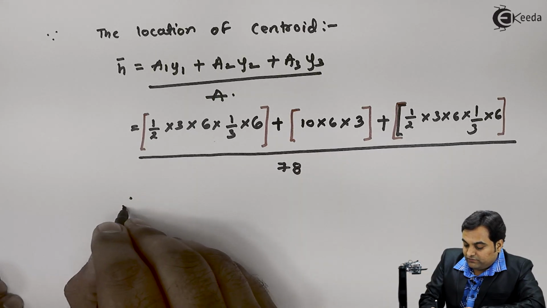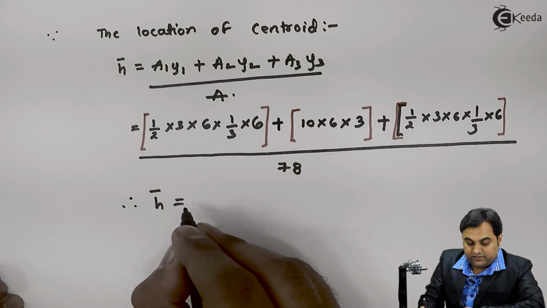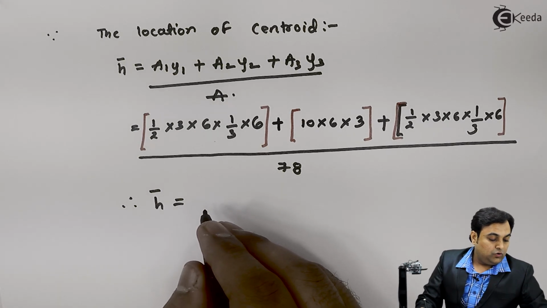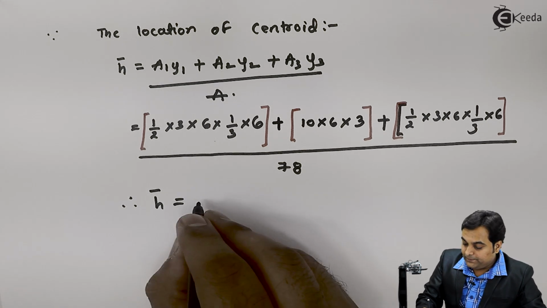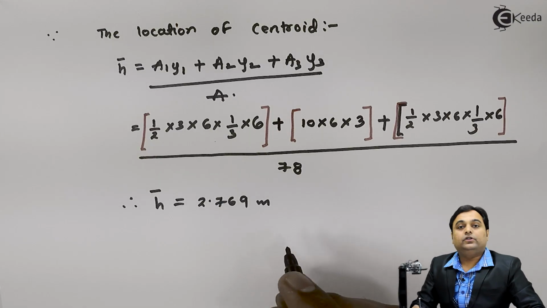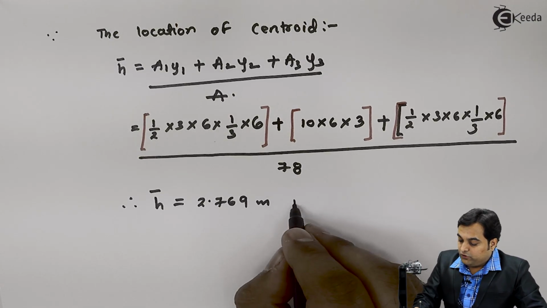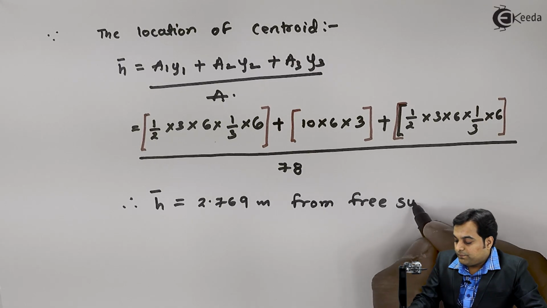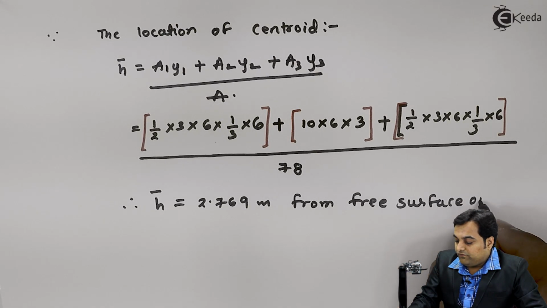So from this, if we calculate h bar, it comes out to be 2.769 meter. Now this h bar is from the free surface of water.